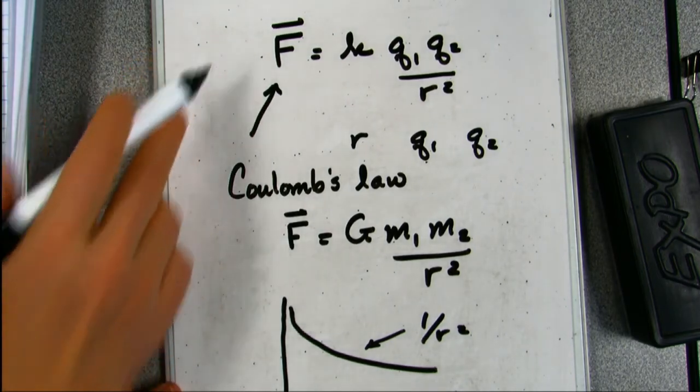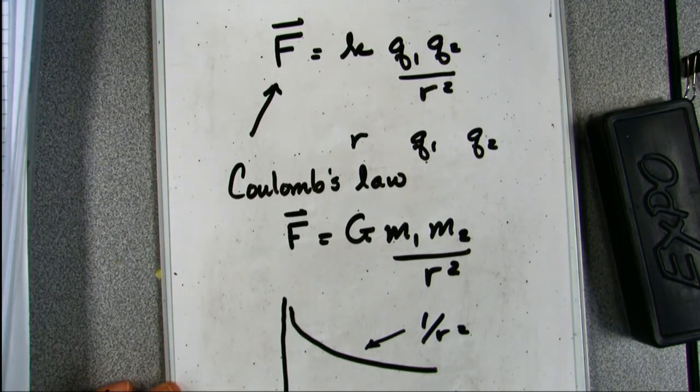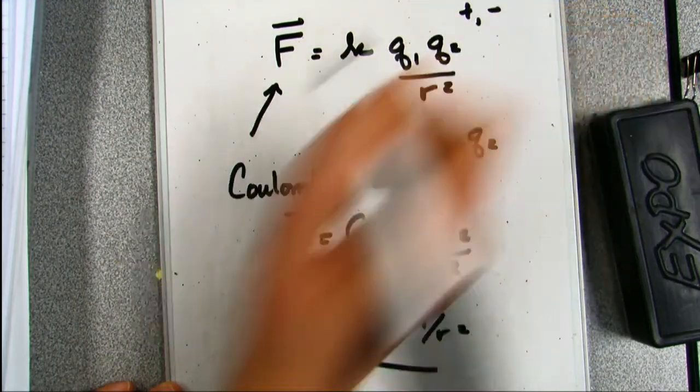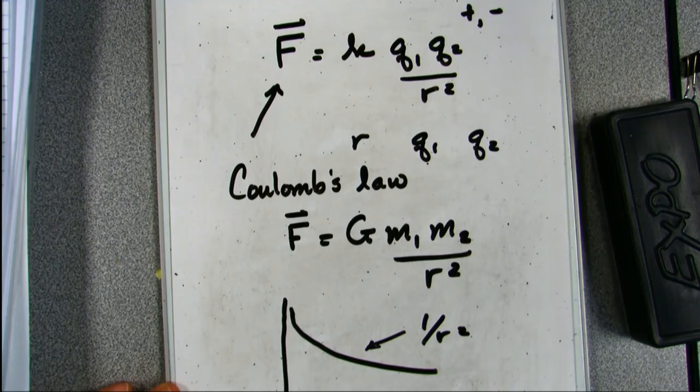But the other thing is that these two equations look very, very similar. One of the big differences between these two equations is that charge can be positive or negative. And at least here on Earth, mass is only positive.